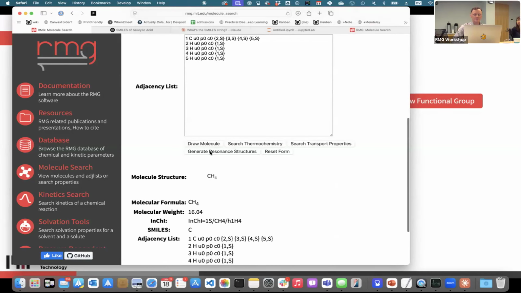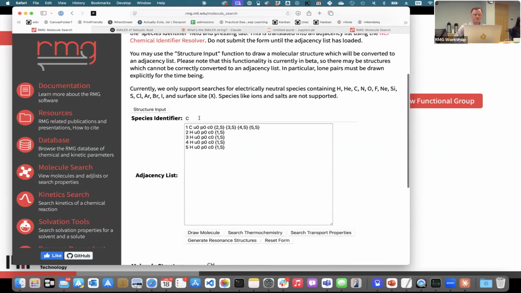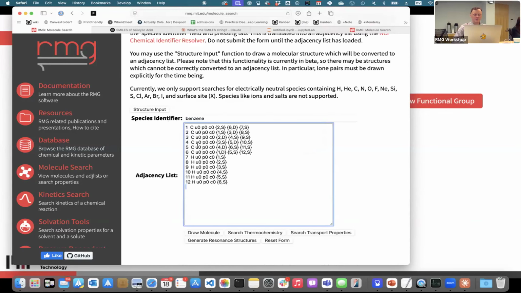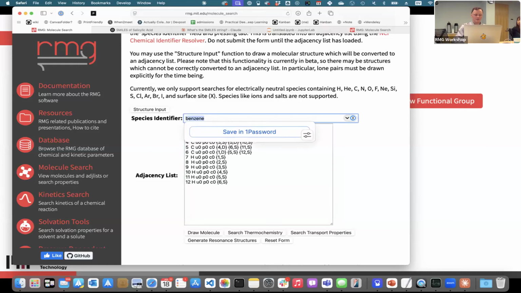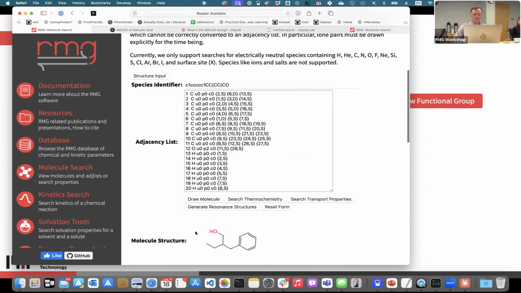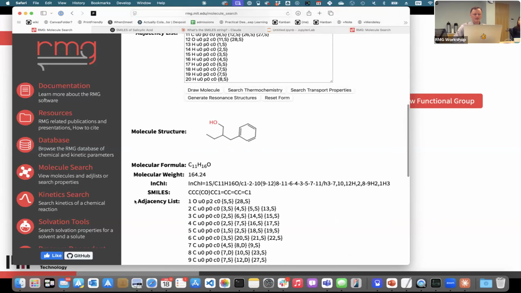Other useful buttons, generate resonance structures. If I was to do benzene, and then I'll see 1, 2, 3, 4, 5. And then if I add some extra stuff on the side, someone asked about branches, I could do a molecule like this.